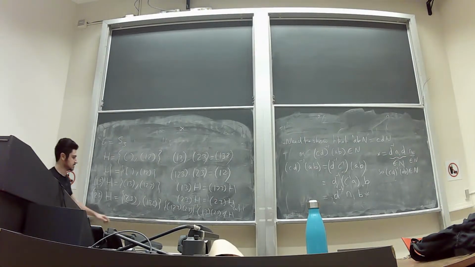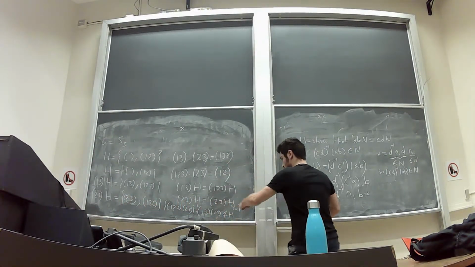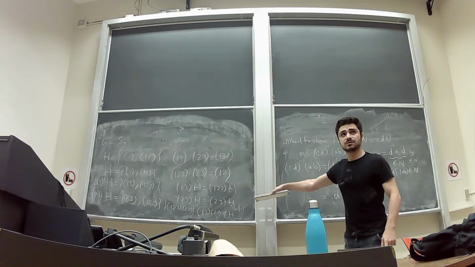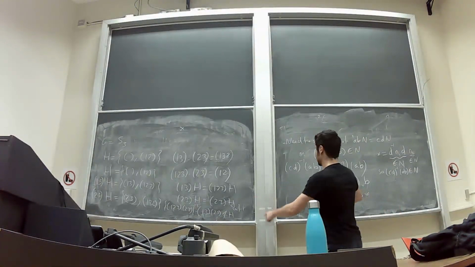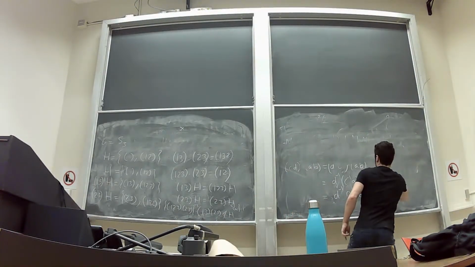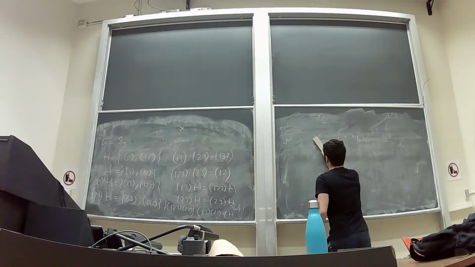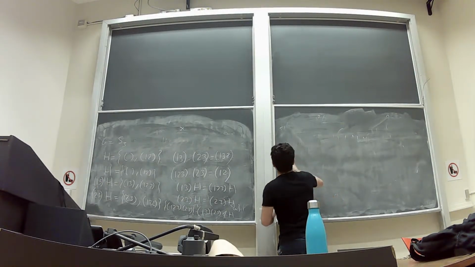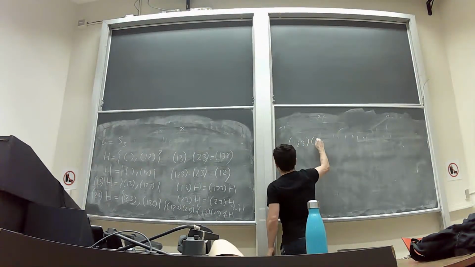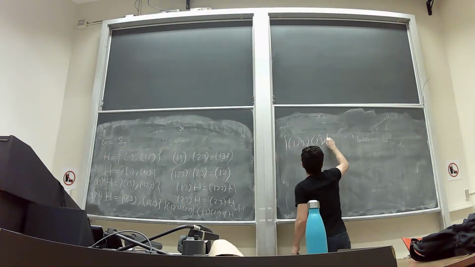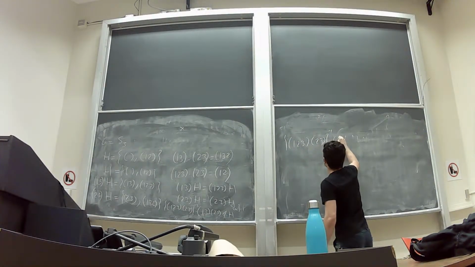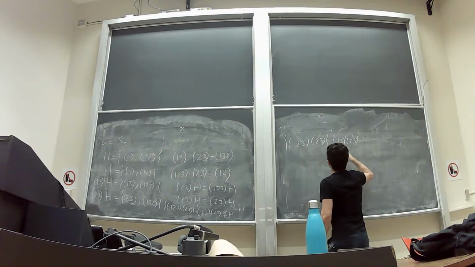I mean, we can check it. Do you want me to do this calculation to convince you? I want to be sure as well. So let's do (2 3) inverse times (1 3) times (2 3). What is that equal?